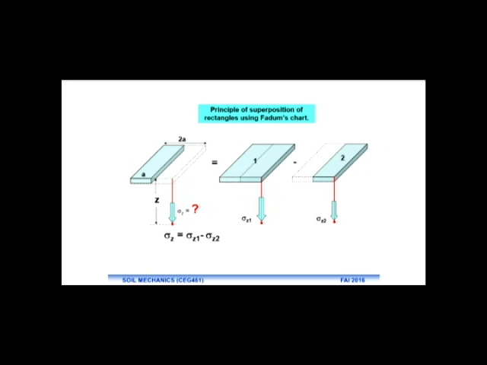Okay, in the case of your point of interest away from your rectangular foundation, you have to consider a large foundation to cover all the area. That will be foundation number 1, because you need the point of interest to be at the corner of your foundation.